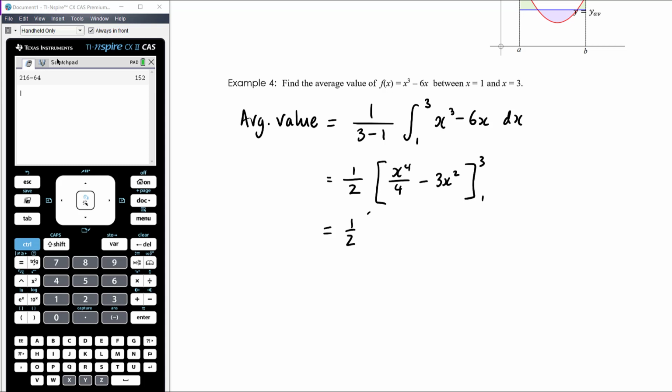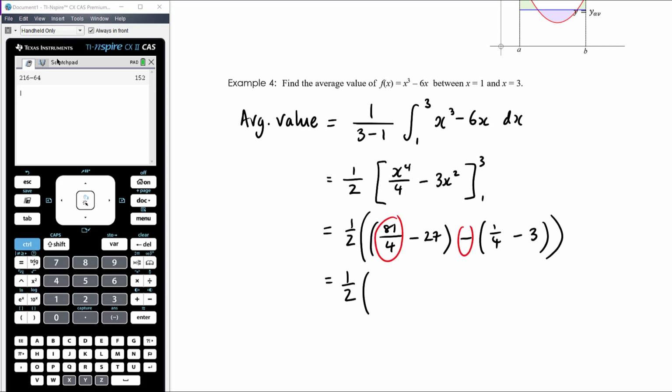So it's going to be half, subbing in 3. 3 to the power of 4, 3 cubed is 27, 3 to the 4 is 81. Minus 3 squared is 9 times 3 is 27. And then taking away 1. So again, let's work with what we've got here. We've got 81 on 4 minus 1 on 4.